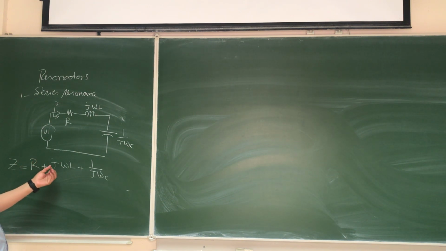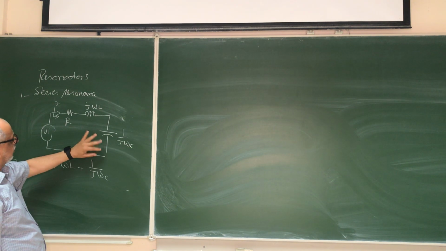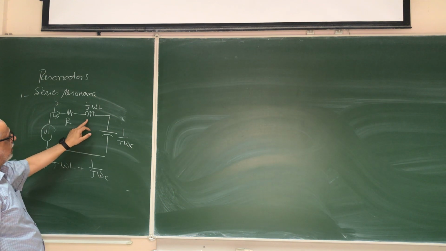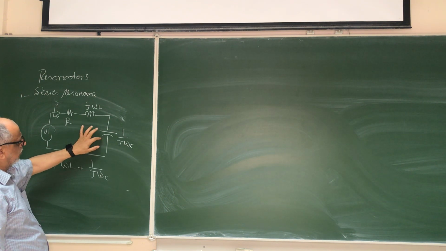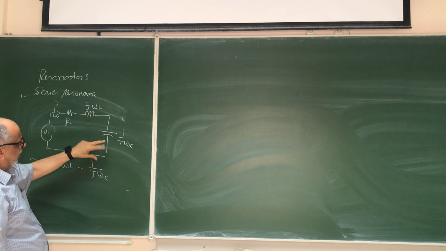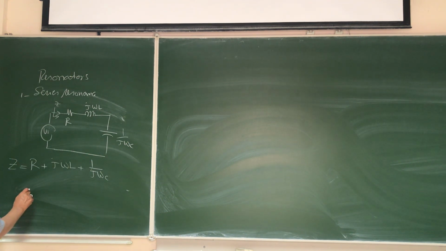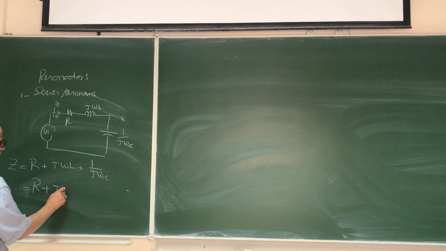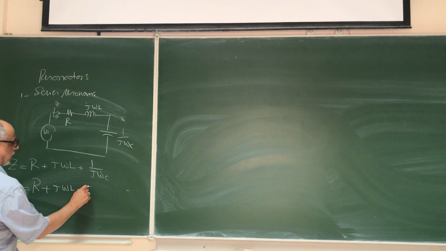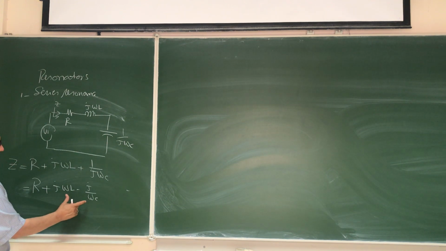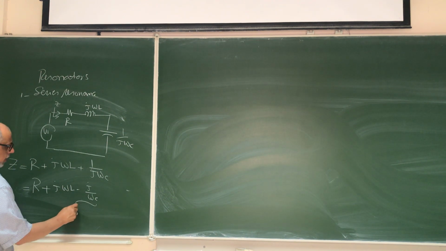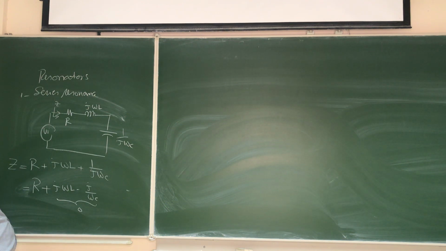The concept here is that at one frequency, called the resonance frequency, the reactance of the inductor equals that of the capacitor, and they are opposite in sign, because this can be written as R plus j omega L minus j over omega C. So this term can be set to 0 at one frequency.